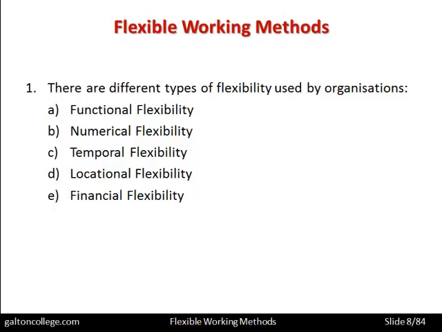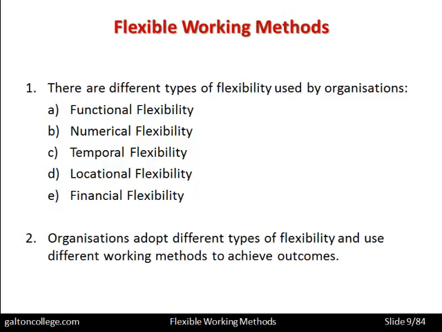And financial flexibility, having reserves to meet any contingency expenditures or unanticipated expenditures, or perhaps to fund certain investment projects, perhaps small scale investment projects, but nonetheless ones which will facilitate productivity.